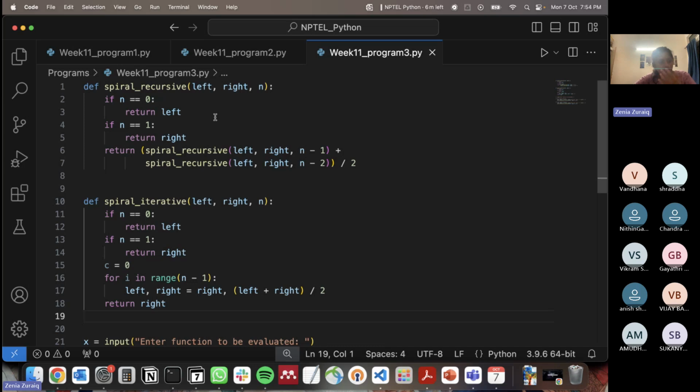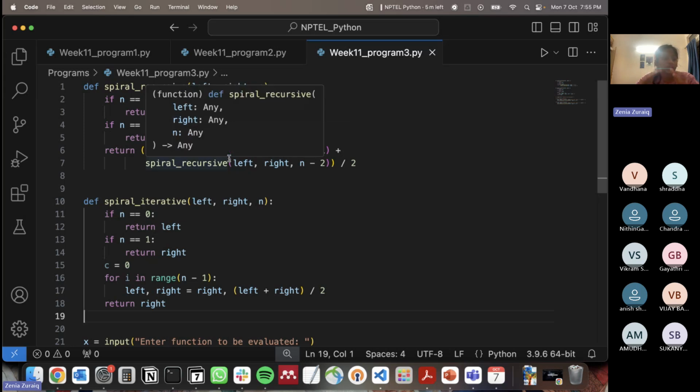If it is not 0 or 1, then only we have to calculate. So you can see that it returns spiral recursive of left, right, n minus 1, plus spiral recursive of left, right, n minus 2, all divided by 2. So what is this actually doing? Because this is a recursive function, we are defining the spiral in terms of itself, right?